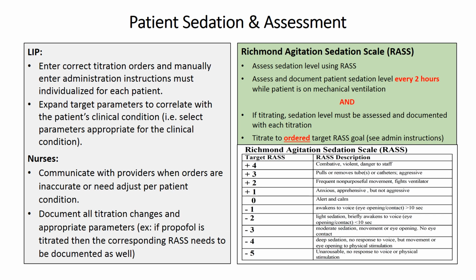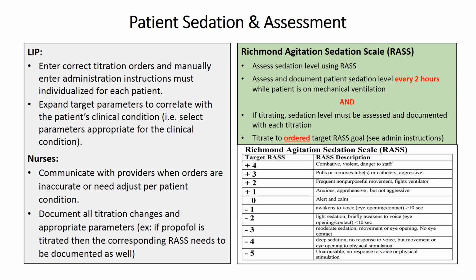For example, if the propofol is titrated, then the corresponding RASS needs to be documented as well. So, of course, Richmond Agitation Sedation Scale, which is RASS, assesses the sedation, and you're going to document the RASS score every 2 hours while the patient's on mechanical ventilation. And if you're titrating, the sedation level must be assessed and documented with each titration.